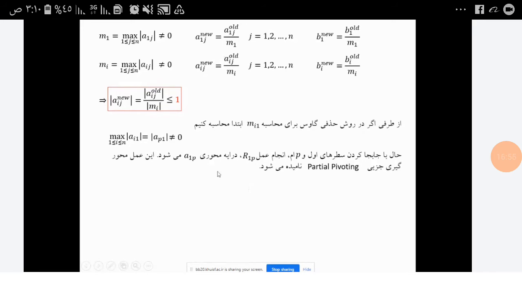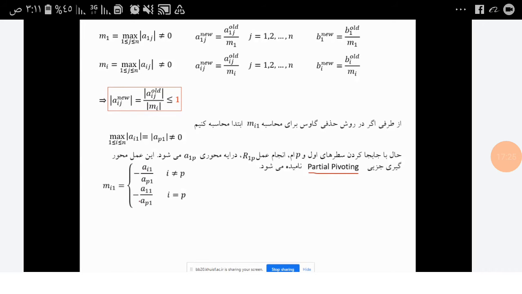So we have pivot A1, and this is partial pivoting. We find the maximum absolute value of Ai1 in the first column, and we change that into the first row.